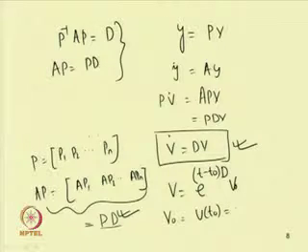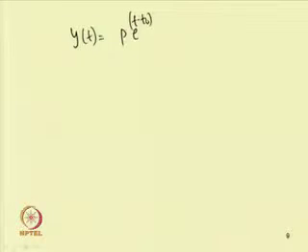This can also be written as P inverse y(t0). Substituting this in our original equation, y(t) equals P e to the power of (t minus t0) D times P inverse y(t0).